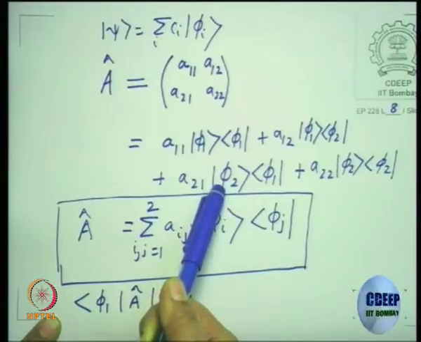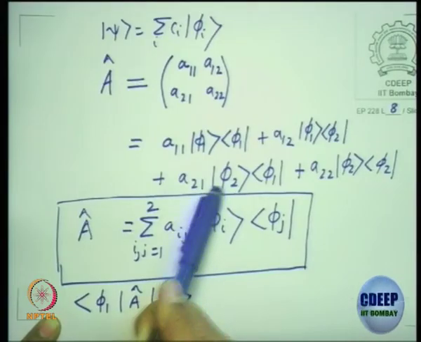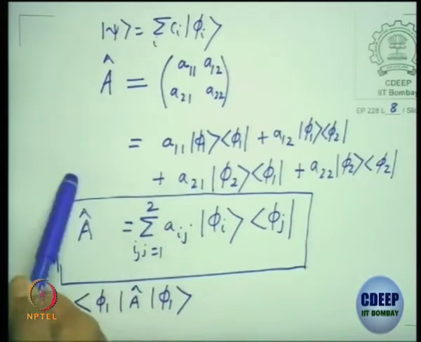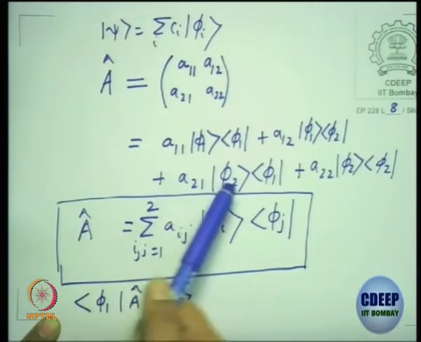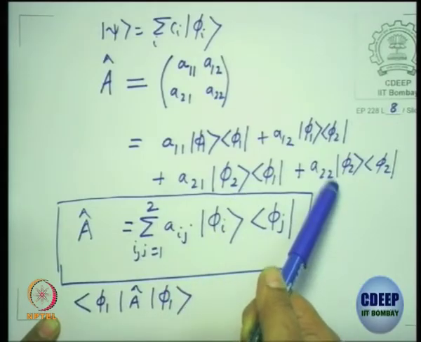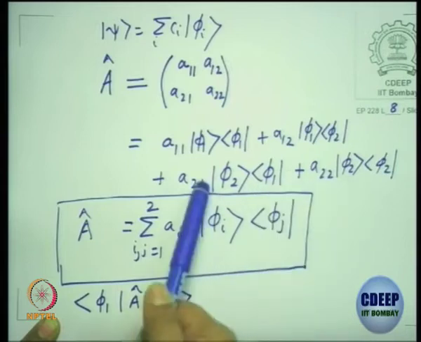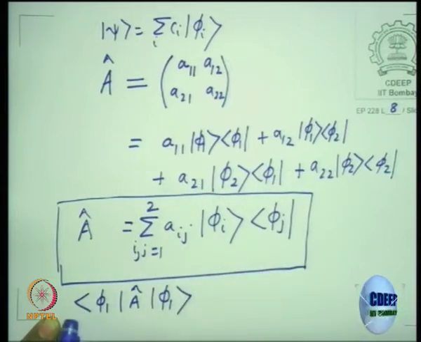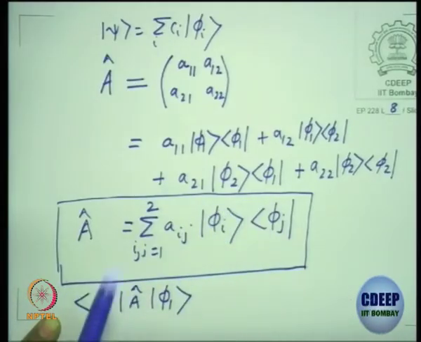Third term will be 0 by the orthonormal property, right? If I operate, <phi 1|phi 2> is 0. Similarly, <phi 1|phi 2> is 0. So, these 2 terms will be 0. By putting the bra vector <phi 1| on both sides, these 2 terms are going to be 0.